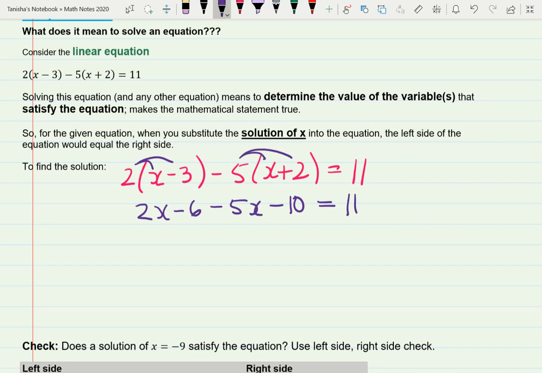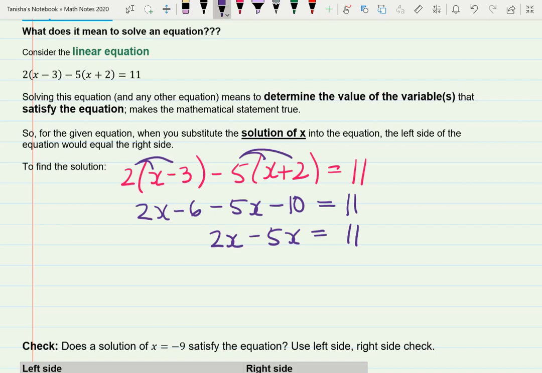I'm going to choose to keep all of my x variable terms on the left side of the equation and move all my constants to the right side. But again, you could choose to do the opposite. So you could put all the constants on the left and all the x values on the right. It doesn't matter. So I have 2x - 5x, and that's going to be equal to 11.